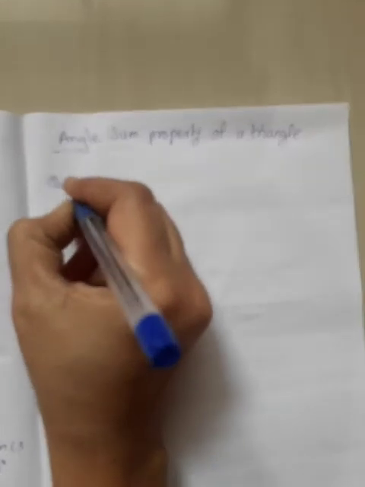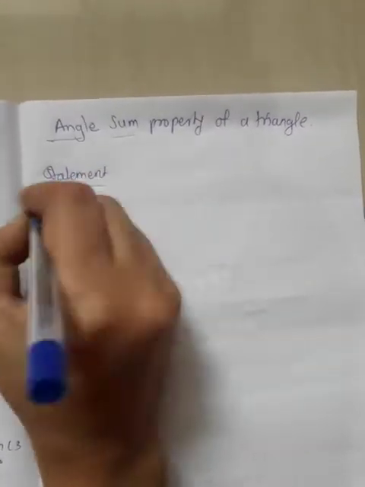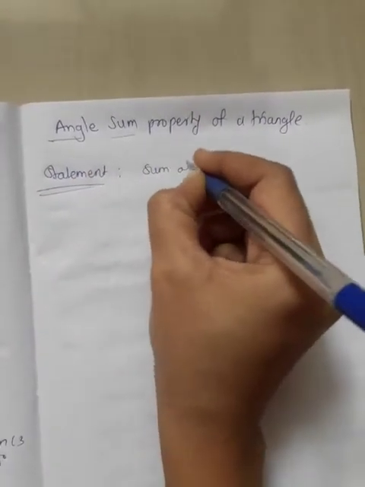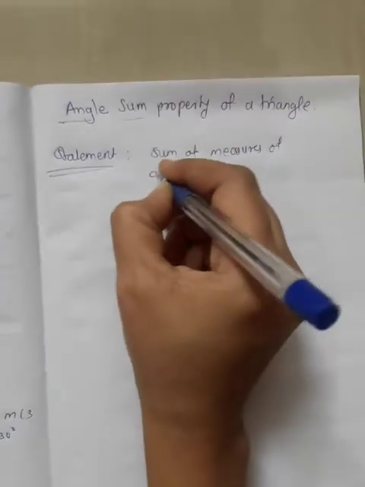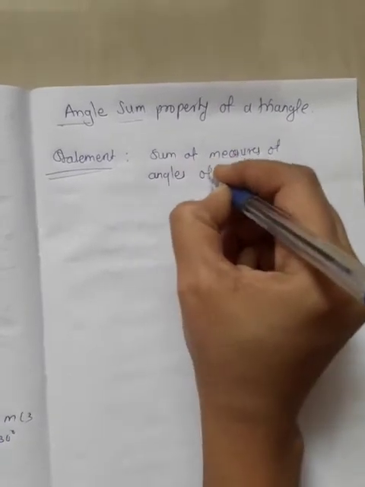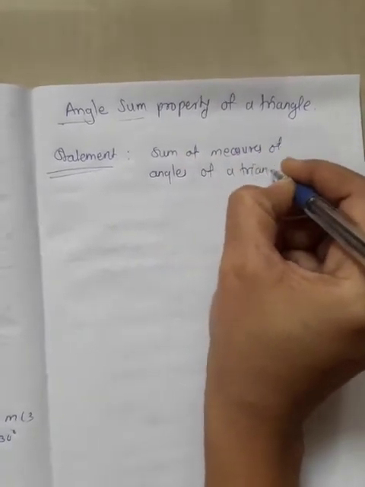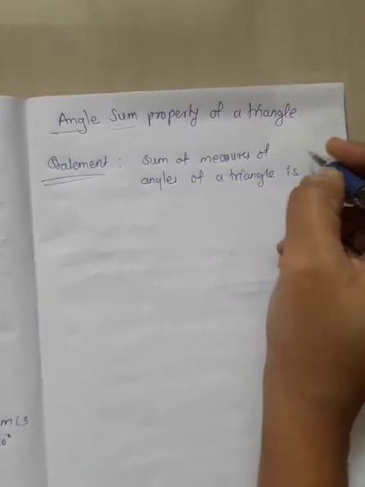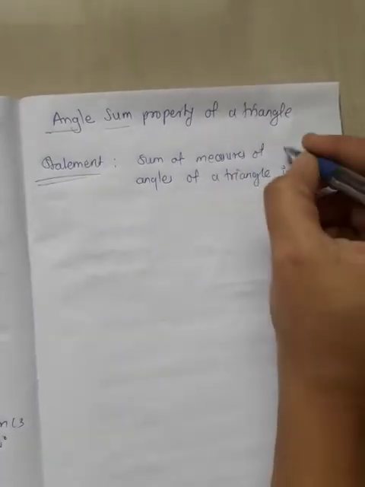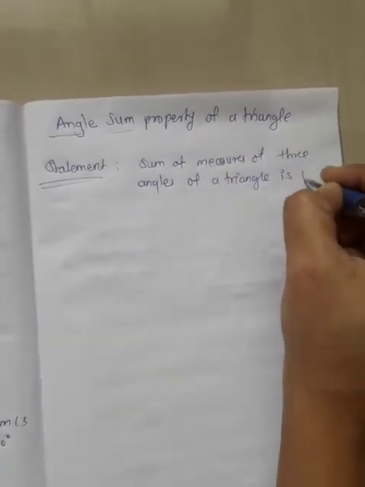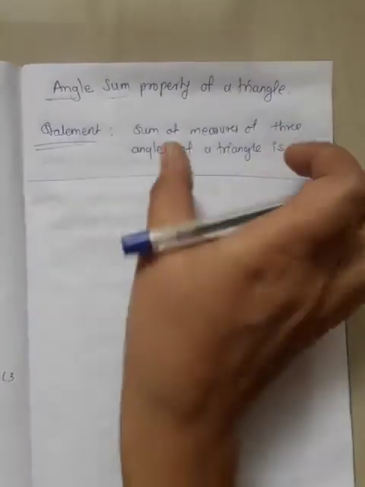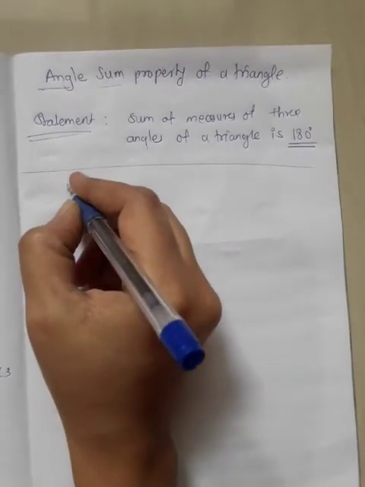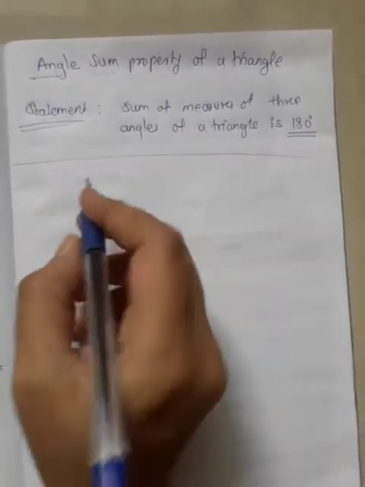Our statement is: the sum of the measures of the three angles of a triangle is always 180 degrees. You can prove this result by the exterior angle property, so let us prove that result.